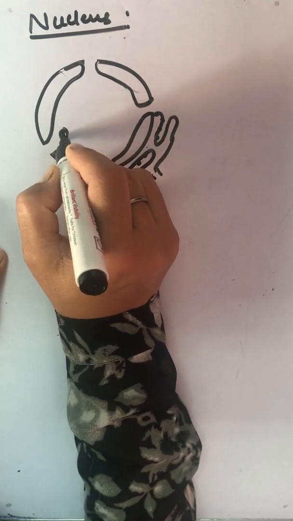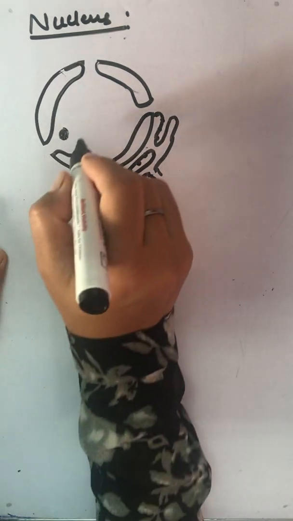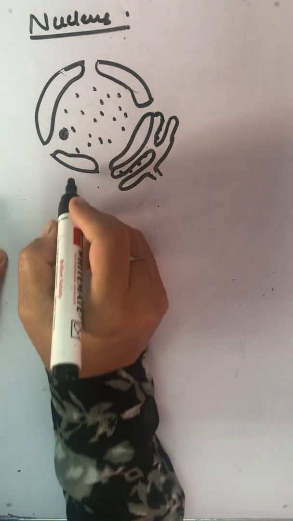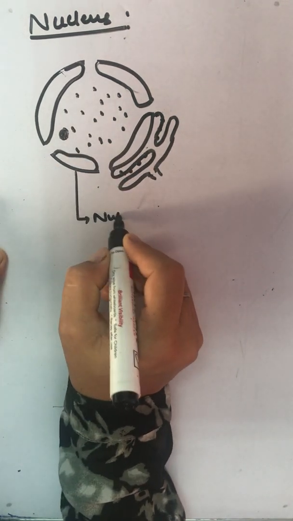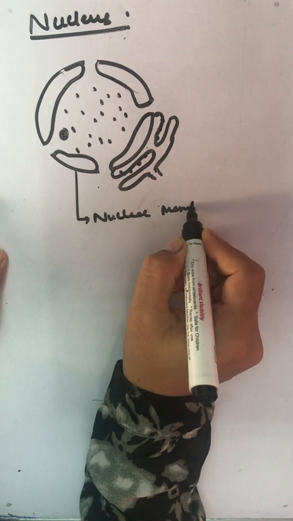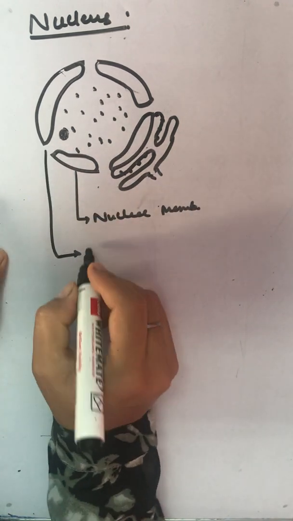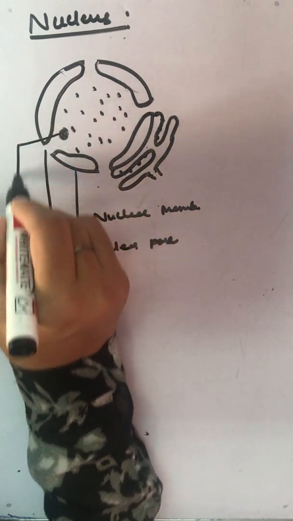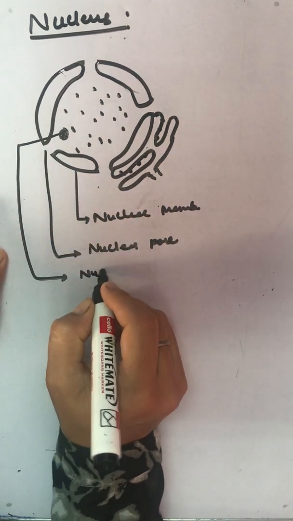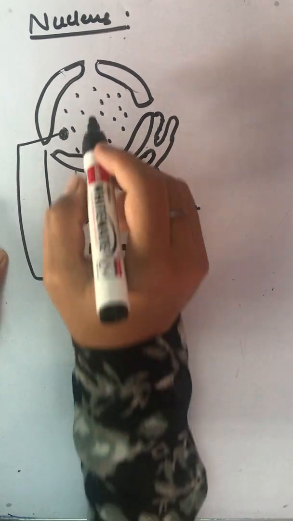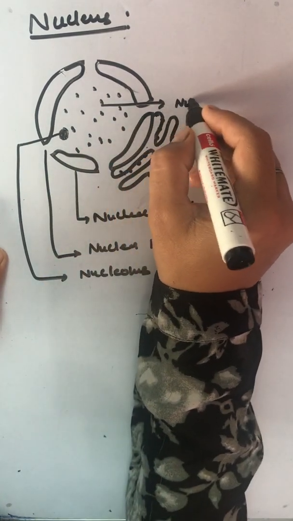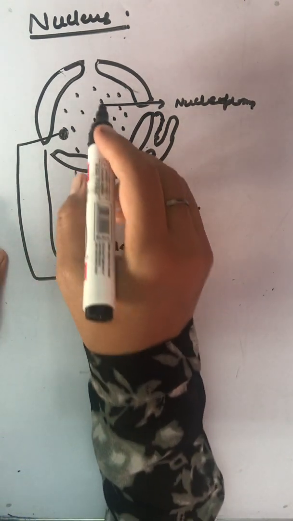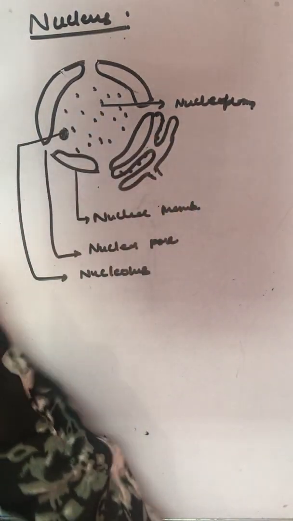It has nucleolus, nucleoplasm, nuclear membrane, nuclear pore, nucleoplasm, and the chromatin network inside.